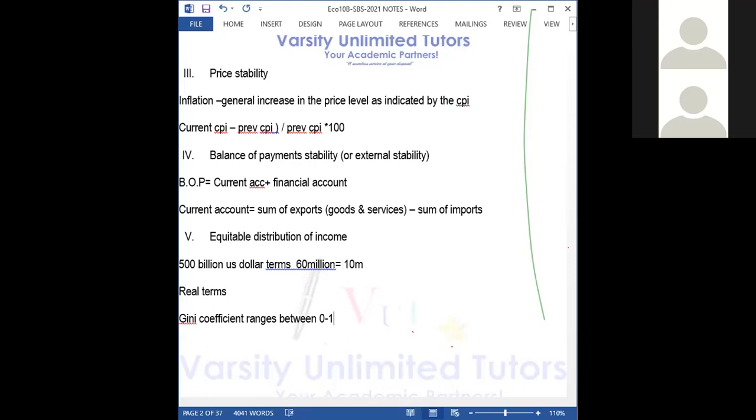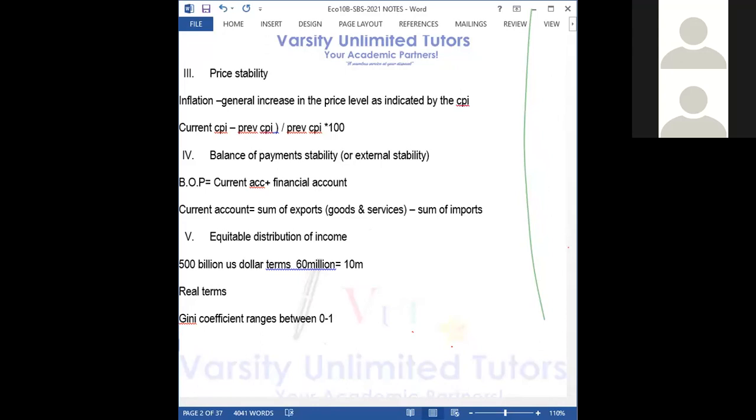So that means that if you're having 1, it means only one person controls the total amount of wealth. Let's put it in percentage terms: all of the wealth of a nation is being enjoyed by a single individual. And when we're having 0, it means that everyone is enjoying an equal portion of the wealth within a nation.